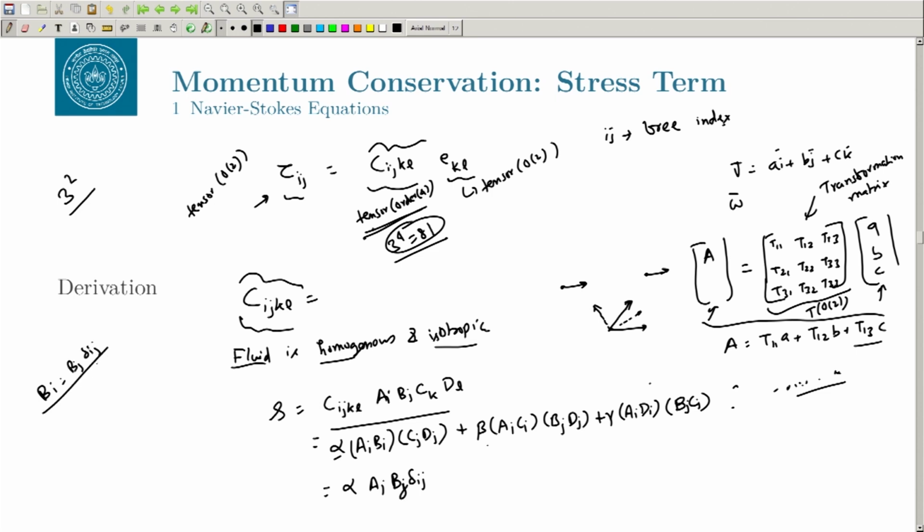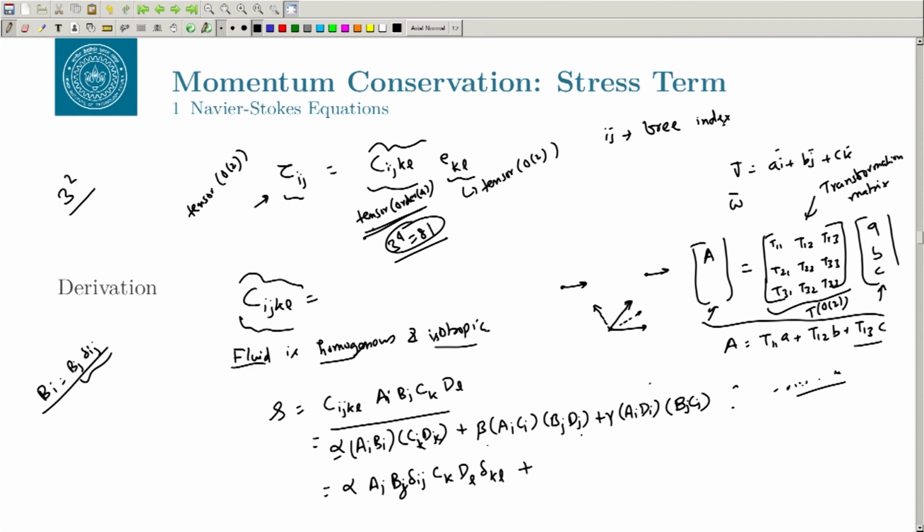Because only when j equals i will it be valid. Similarly, you can see this is c_j, now I want it in terms of c_k, right. Because this is a repeated index, you can use c_k d_k, so c_k and this will be d_l delta_kl, right.